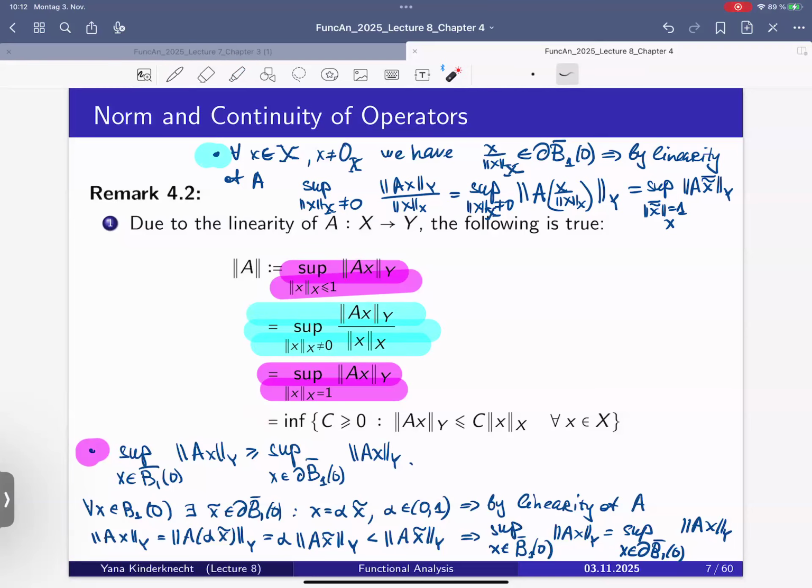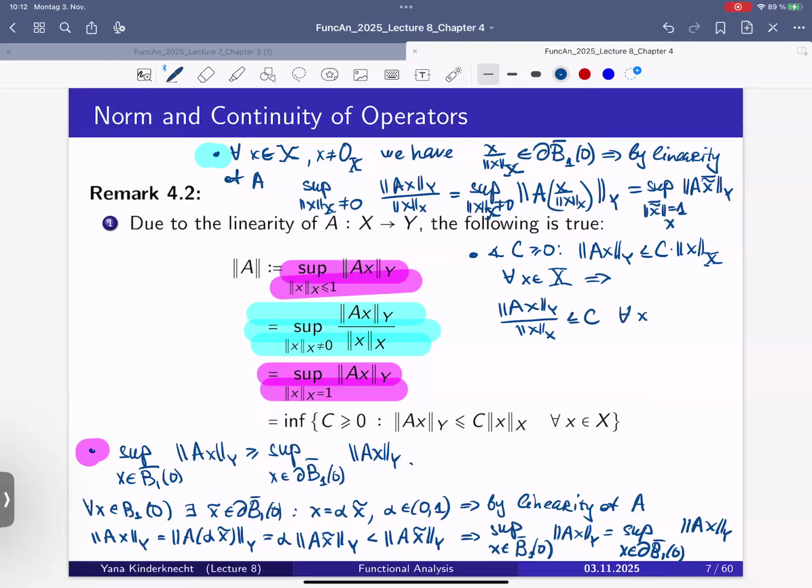Consider some C such that the norm of Ax in Y is smaller or equal to C times the norm of x in X, and this holds for all x in X. From this it follows that the norm of Ax in Y over the norm of x in X is smaller or equal to C for all x which are not the zero vector, so whose norm is not 0.